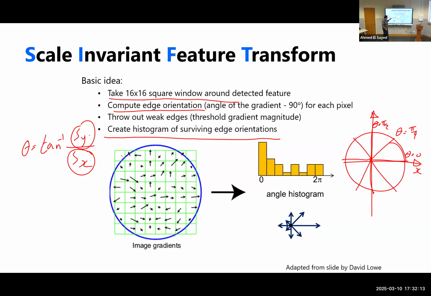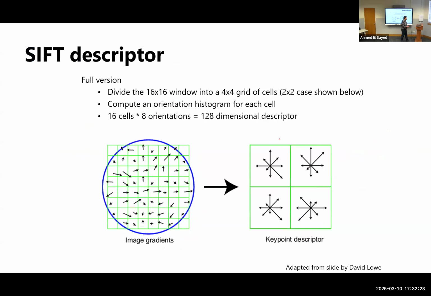So for those 8 values, I will find the histogram for each one of them. After that, I will divide this into 4 by 4. So the histogram of this one will be here, the histogram of this one here, and so on.